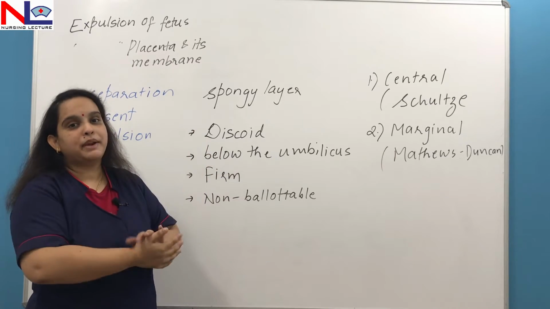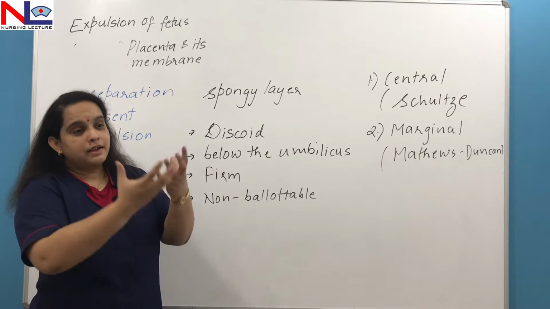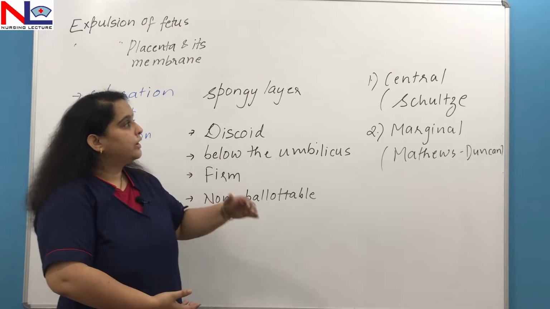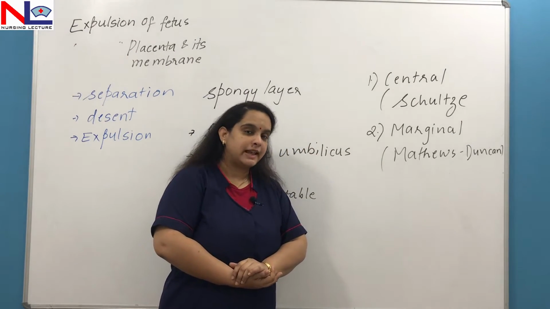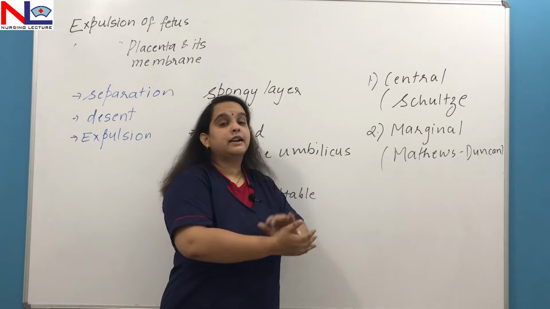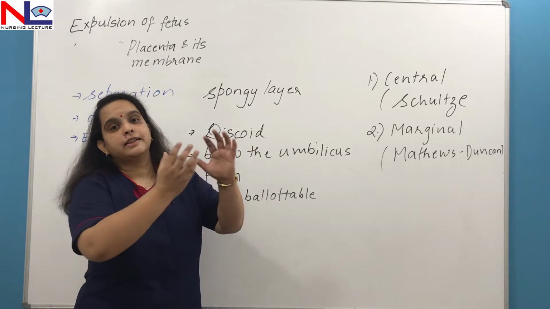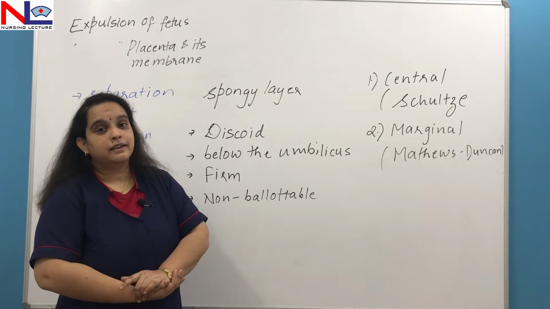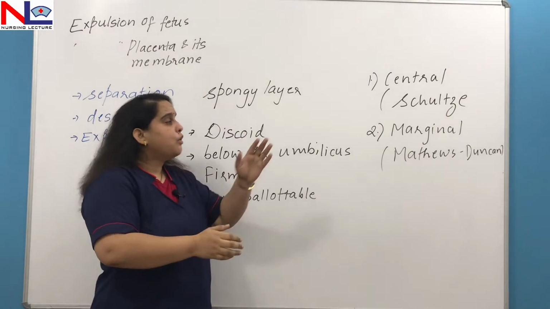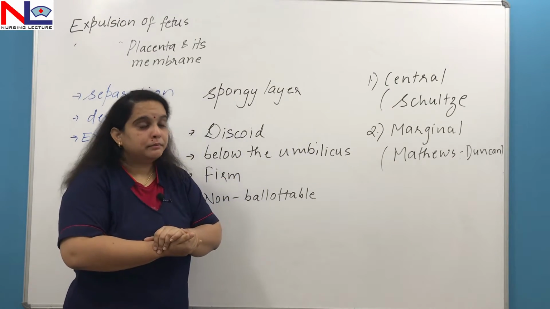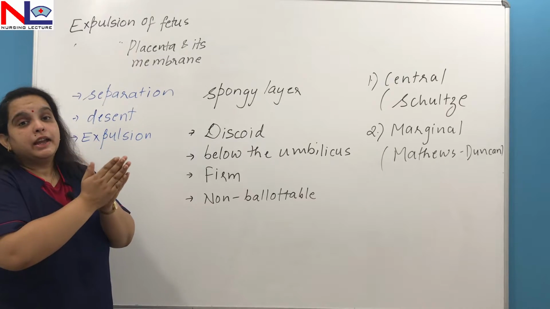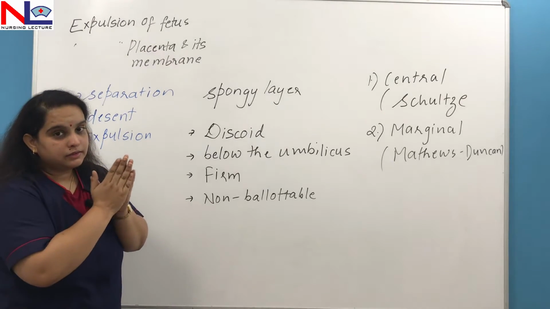So the membranes also come out with the weight of the placenta, right? If the central method of separation is there, in this condition the fetal surface is expelled first, right? This is very important.